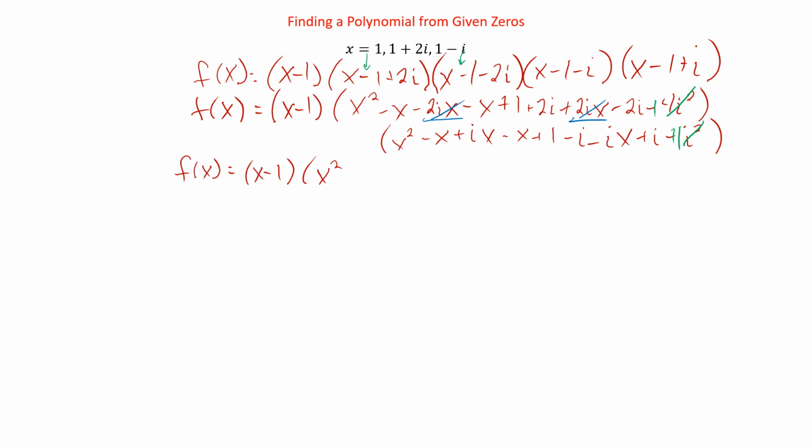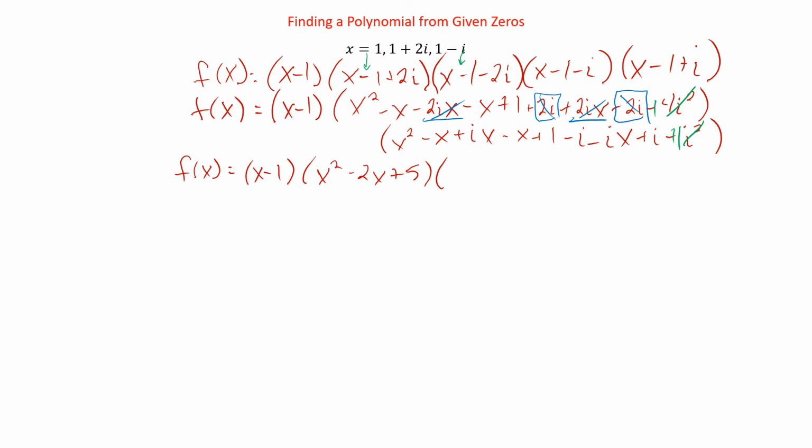We have a plus 2i minus 2i. That goes away. And so what we have left here, we have a negative x minus x. So that's minus 2x. And then we have a plus 1 plus 4 will be plus 5. So we have x squared minus 2x plus 5.